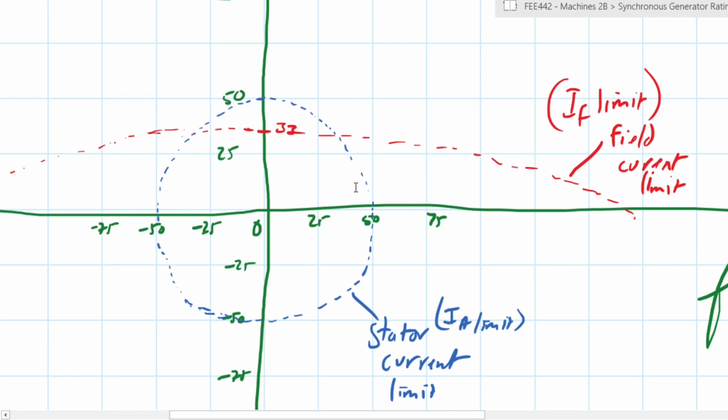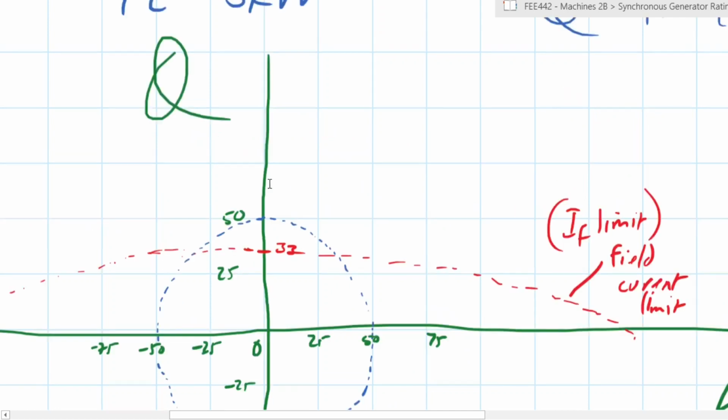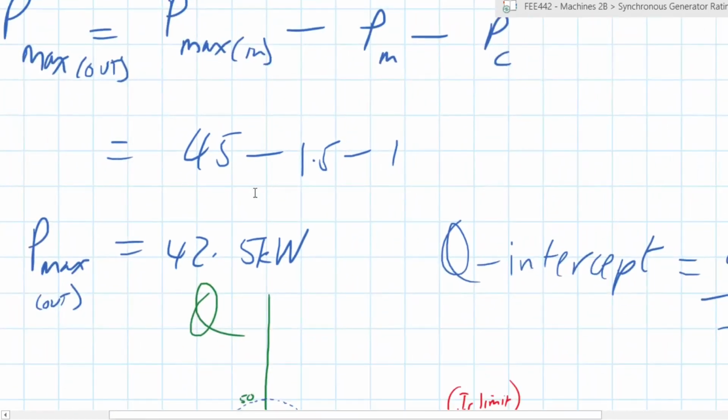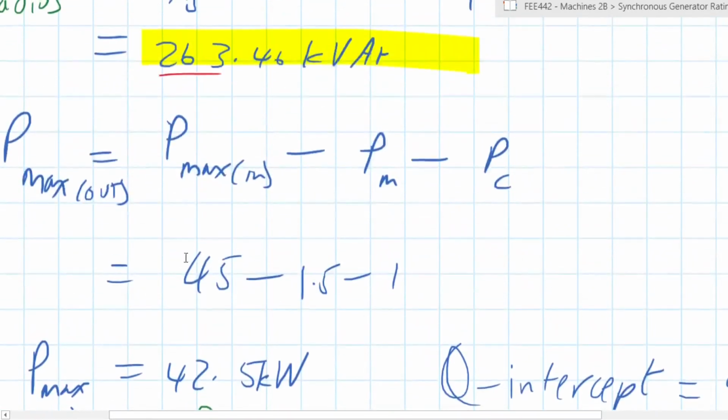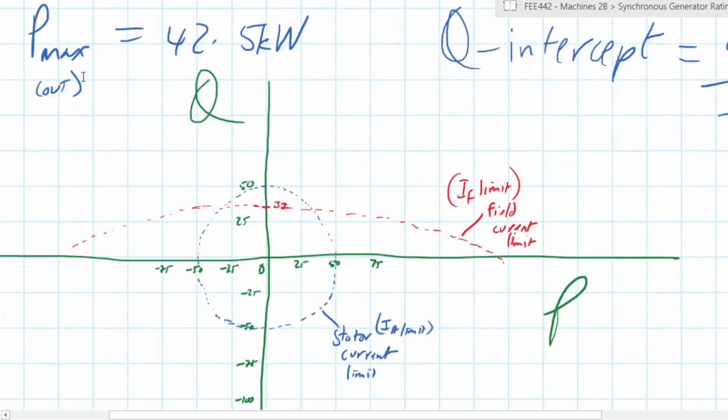Okay, and finally we will look for the prime mover limit, which has been indicated by the maximum output that we can have, which is 42.5 kilowatts. The reason for that, of course, is the prime mover limit is 45, but you also have to account for mechanical losses and core losses. So the useful maximum power that you can have is 42.5.